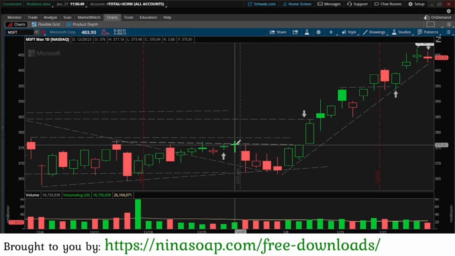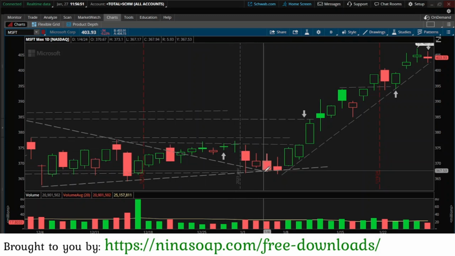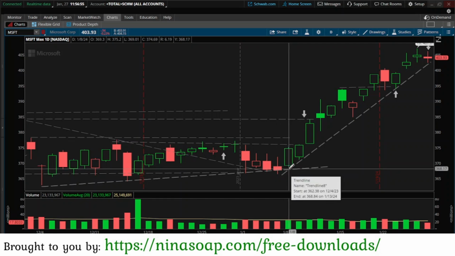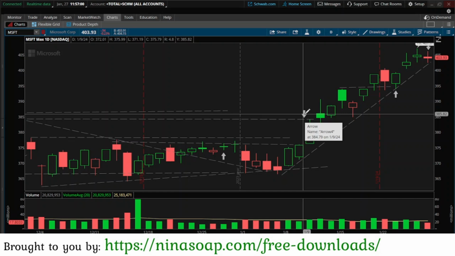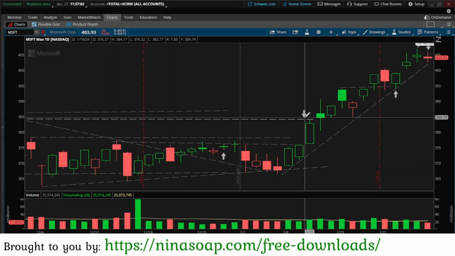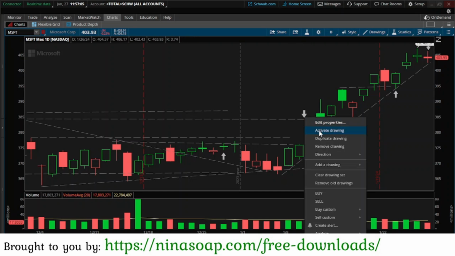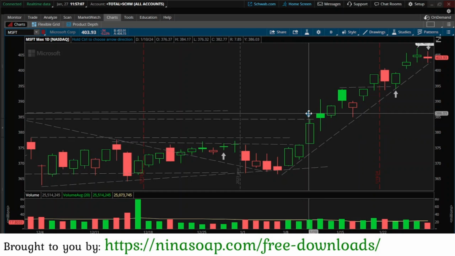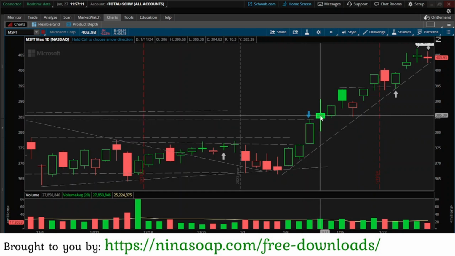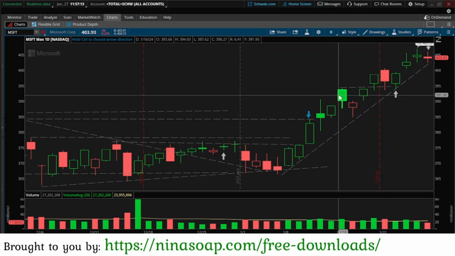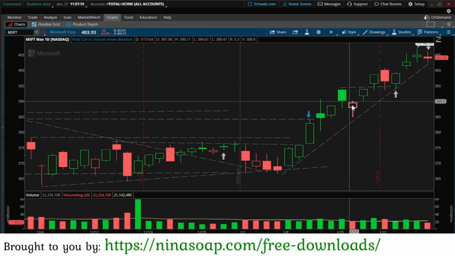So we bought it. It went down to rest on that downtrend line, consolidate on it a little bit, and start a new trend. And we sold it here, on the 10th, but then it continued to go up three more days before it went down.